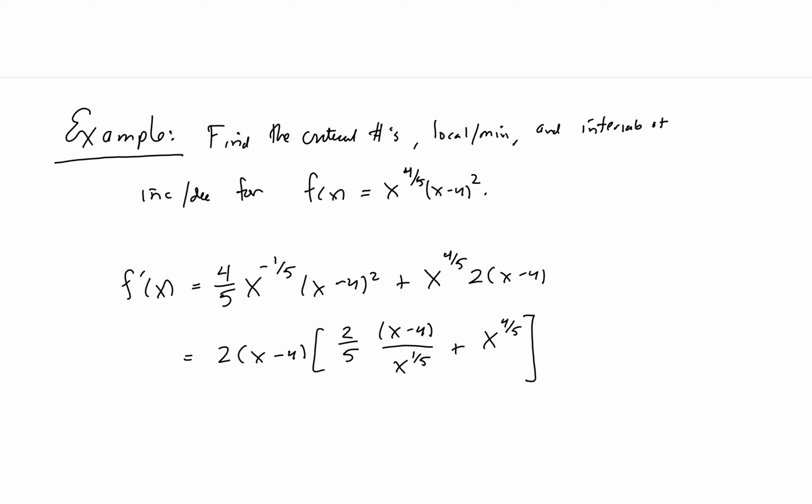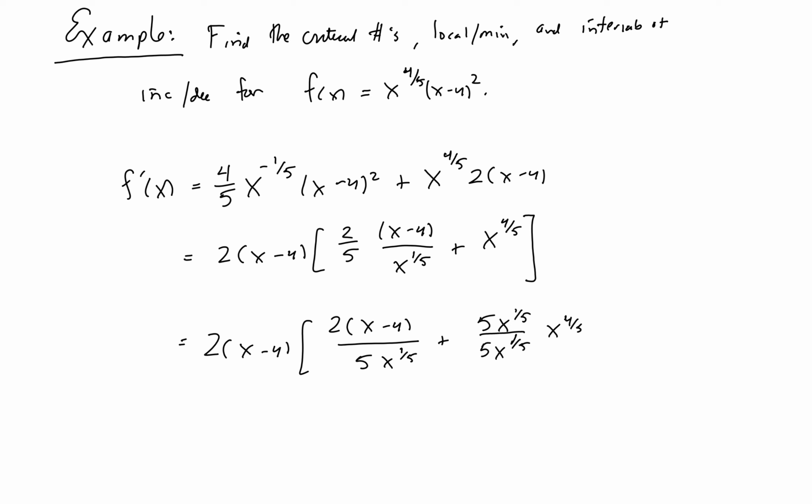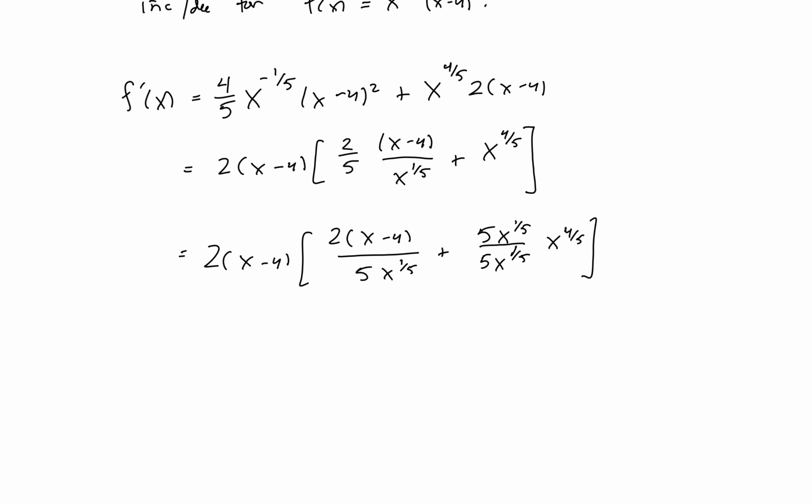Now I want to get a common denominator here. So this 2(x minus 4) stays the same. And I'm going to have 2(x minus 4), and then I have 5x to the 1/5. And so to get a common denominator here, I'm going to multiply the top and bottom by 5x to the 1/5. And notice that x to the 1/5 times x to the 4/5 just becomes x.